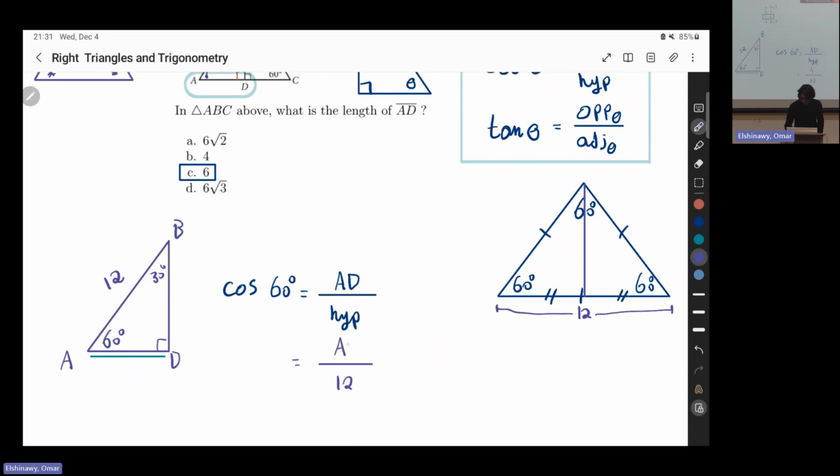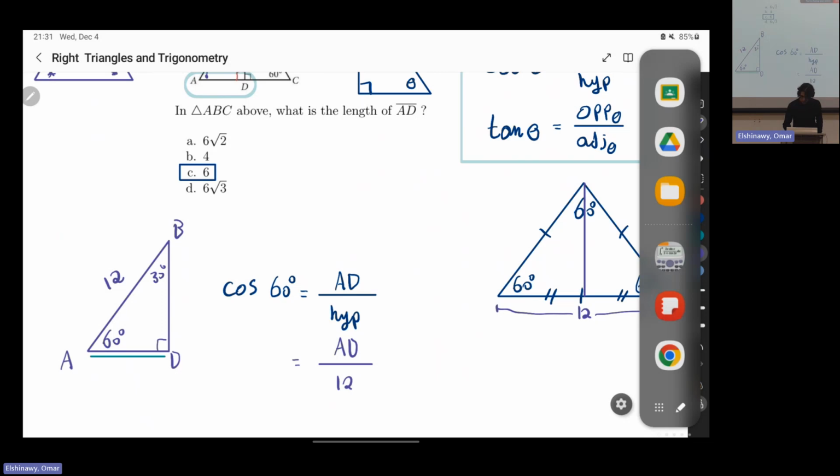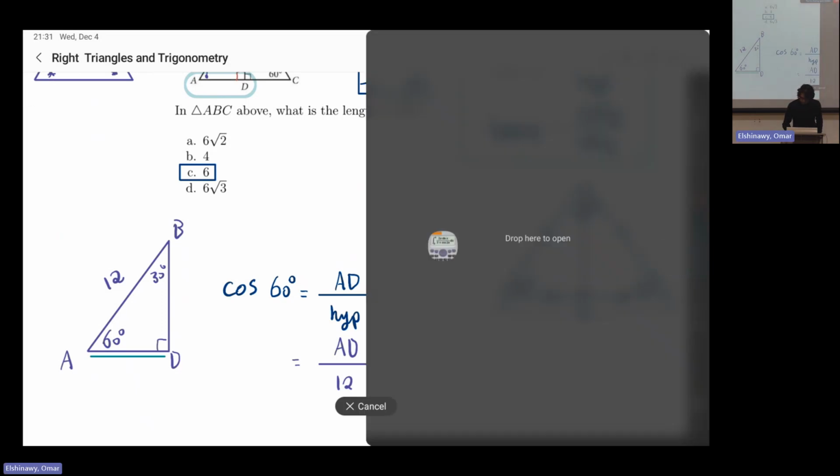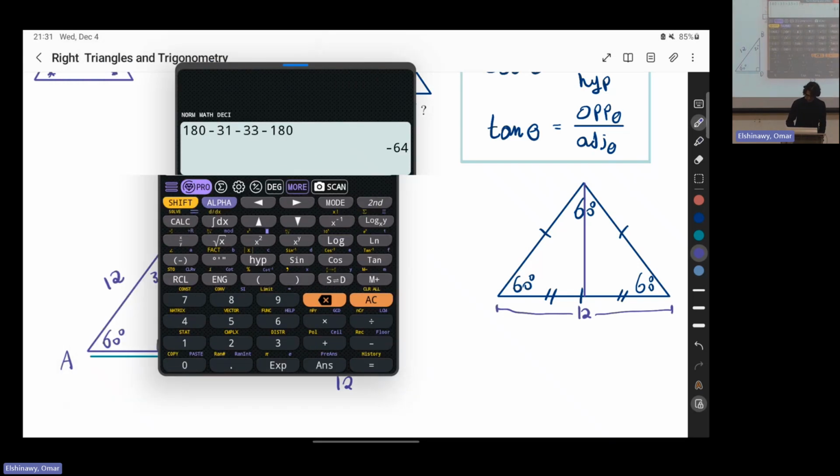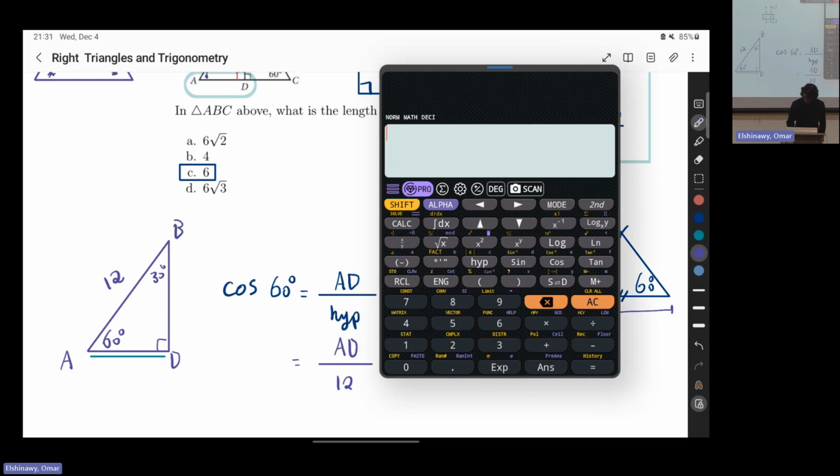We don't know AD, but there is good news: we can actually compute cosine of 60. You can use a calculator if you don't know what cosine of 60 is. I think it's going to be a half. I don't memorize cosine, I've just seen it so many times.